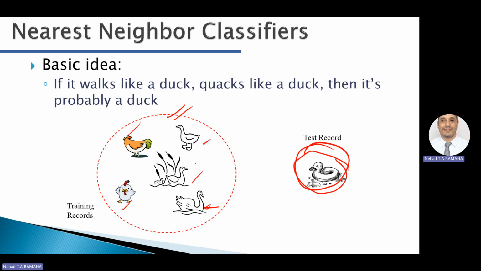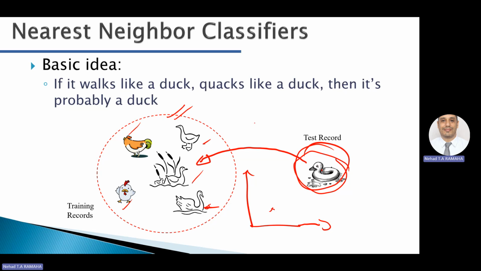So these items will be points. Then this is a new record. Which points is it close to? Then how many points from each category are close to the new data? The category that has more points close to the new data is the one the new data will be categorized into.